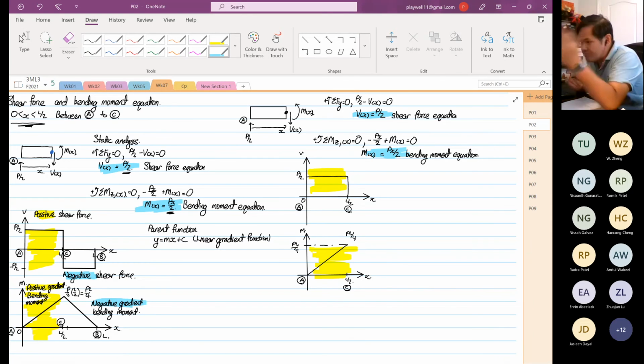Why? Because it has to be proven mathematically. If the math is not right, but physically it makes sense, they will oppose it. They will say no, there's something wrong with it. And this is why math is so important. If you understand the physics, the math should also work.